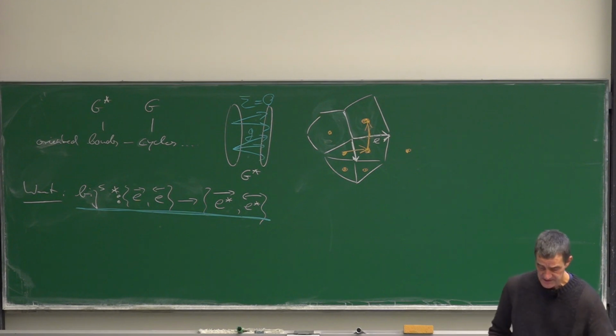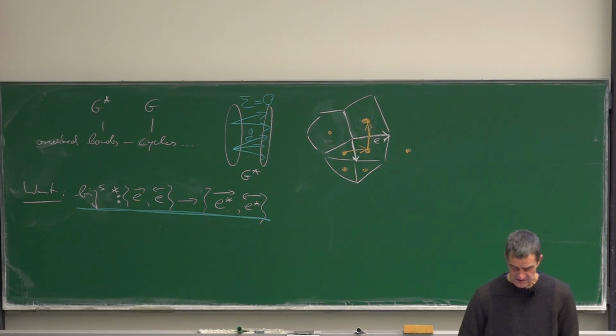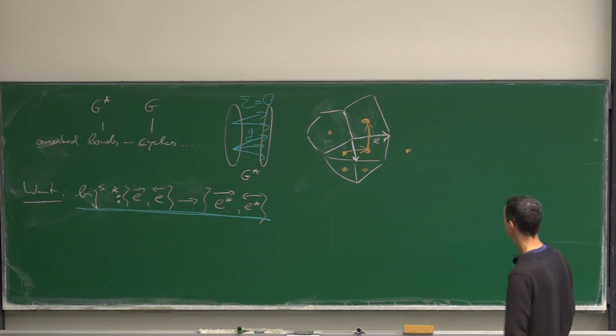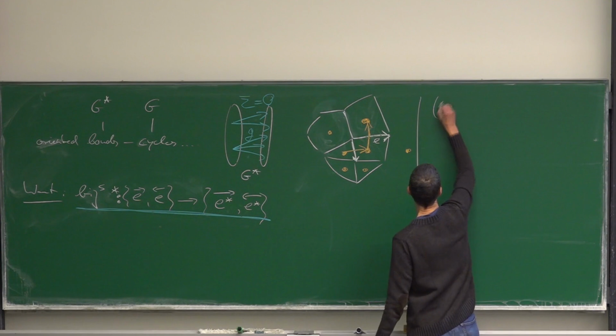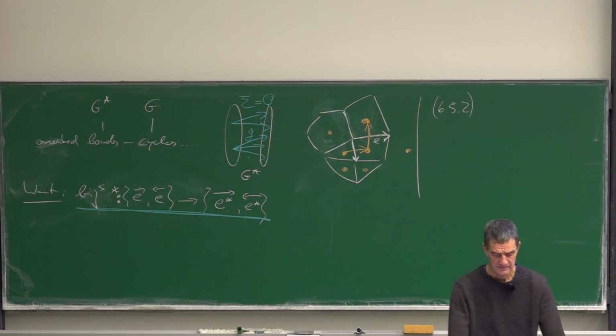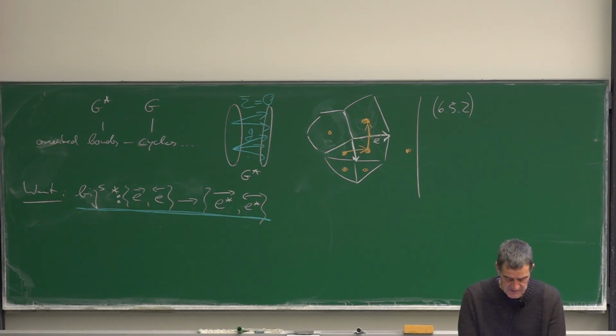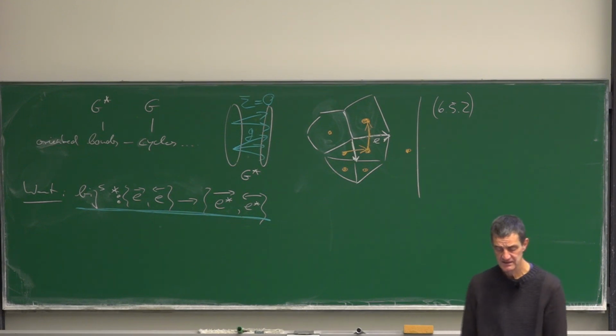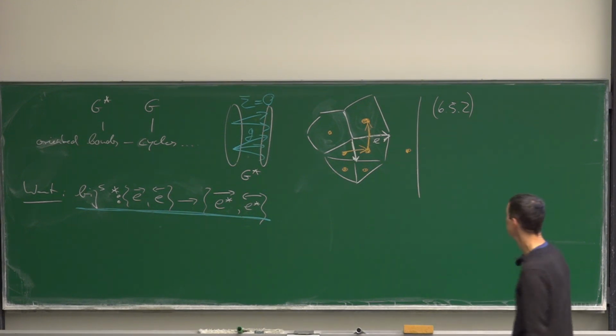So the next lemma relates flows to cycles. So this is now lemma 652. We're assuming that we have compatible maps from the oriented edges of E and E star to the same group.